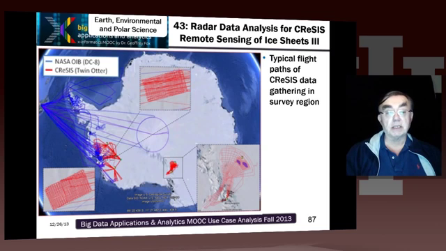This is another GIS taken from this experiment, showing how the different aircraft flights are shown here in blue or red, depending on whether it's a DC-8 or a Twin Otter, because they use multiple aircraft. And then they look in detail from this GIS view at the tracking of the aircraft, and then you can look at the data and find out.